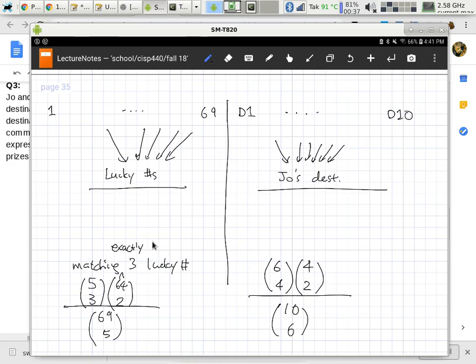Okay, but we already know that Joe has chosen 6 destinations. So now we just have to count. How many ways can Pat choose 4 of the 6 chosen destinations?